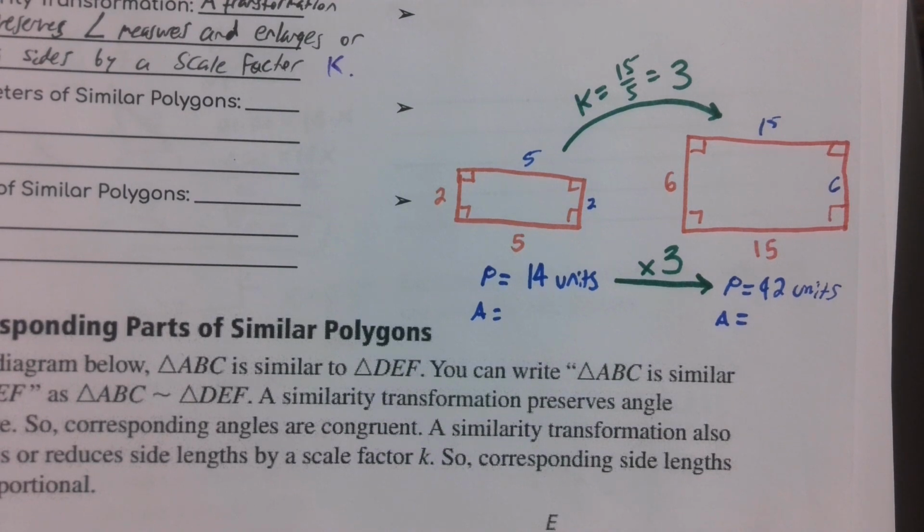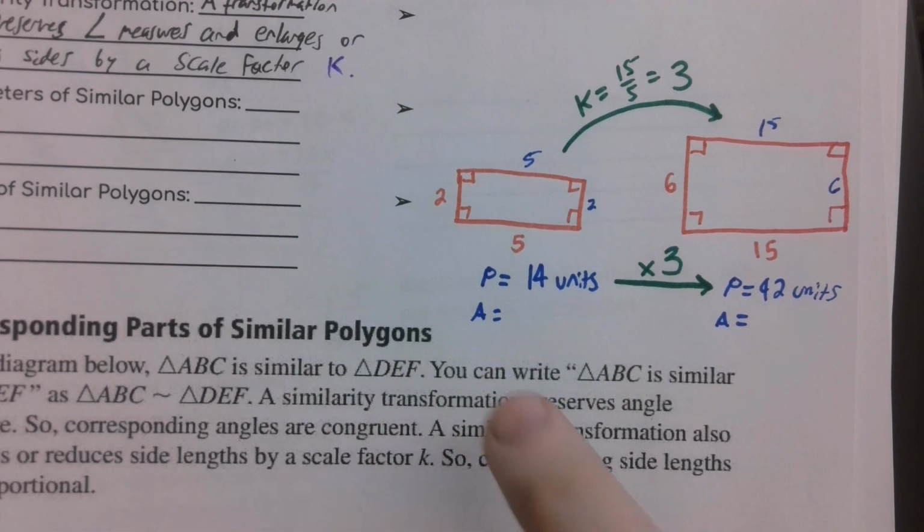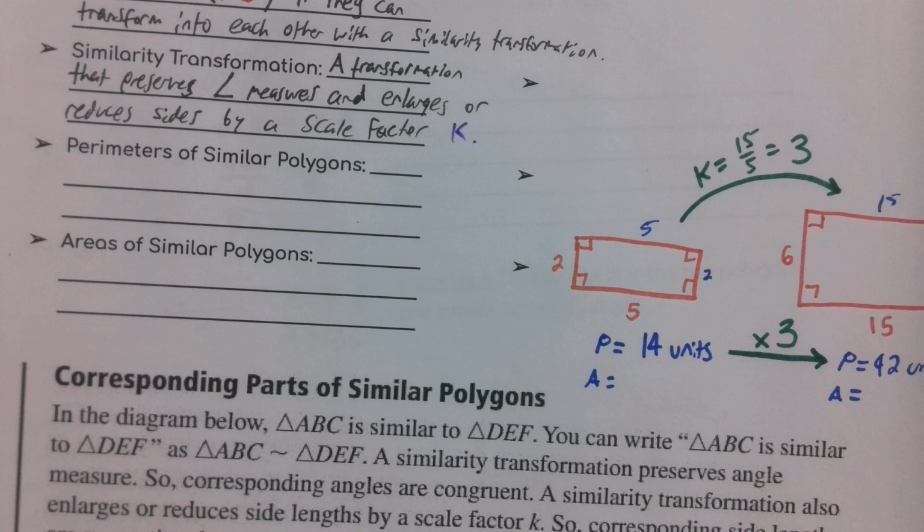So this leads into the definition for perimeters of similar polygons. It goes like this.